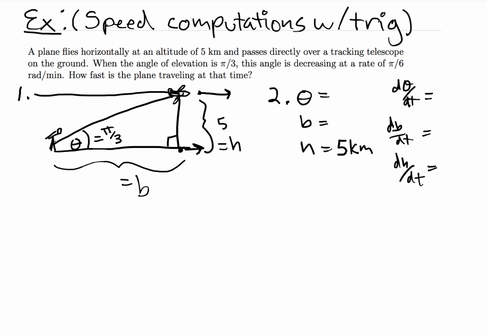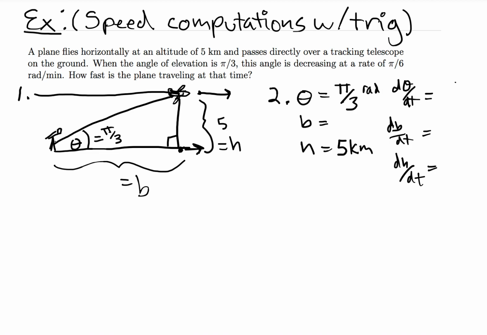What's the next number that I see in the question? When the angle of elevation is pi over 3, that's pretty clear where to put that: pi over 3 radians, which I'll fill in. We specified immediately afterwards that that's decreasing at a rate of pi over 6 radians a minute. So two comments.